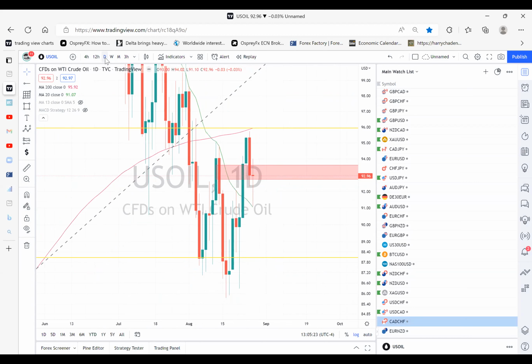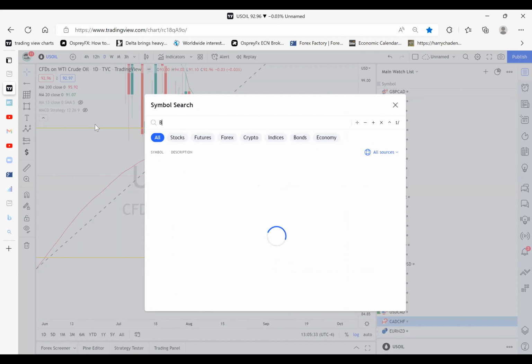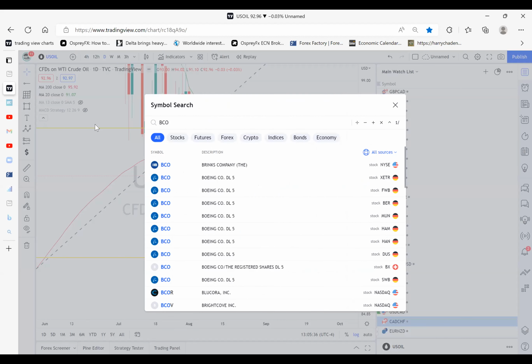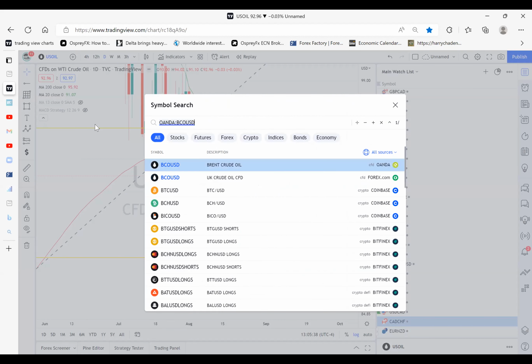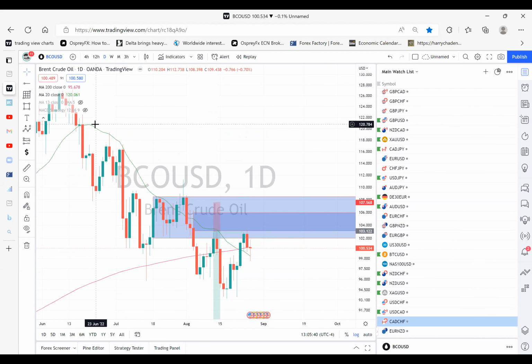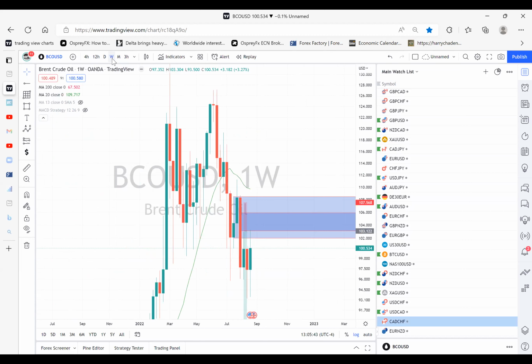You got the natural hedge on the daily. Oil looks like the best thing. Oil and the indexes. Perhaps Dow Jones.